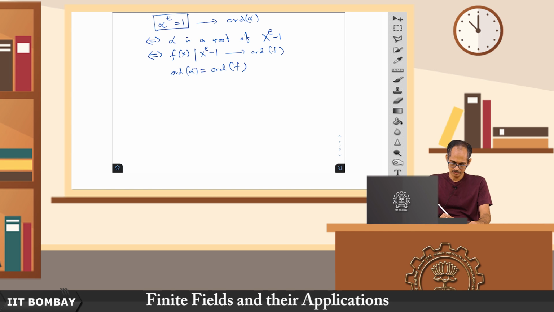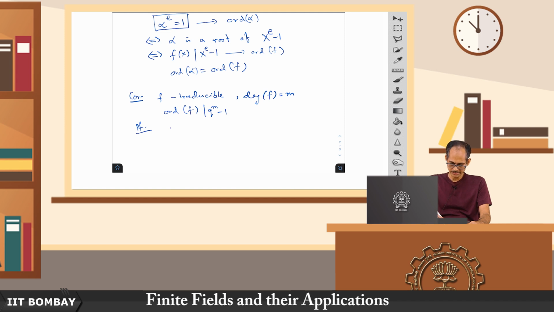Now, we will consider a corollary of this lemma, which says that if f(x) is irreducible, again of degree m, then the order of f divides q power m minus 1. Why is that?